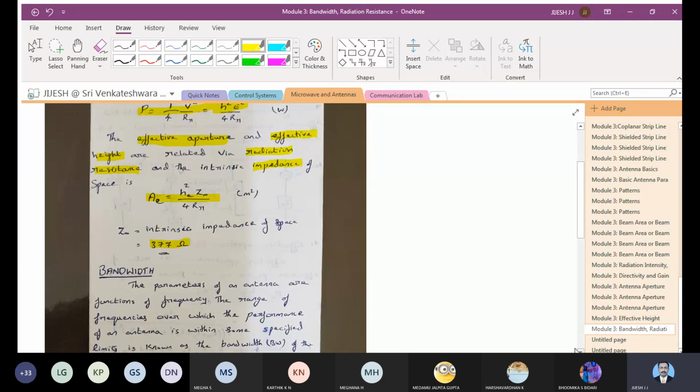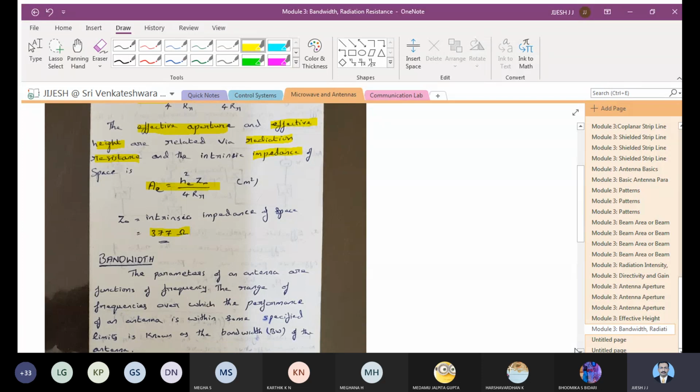Bandwidth is a very common parameter, which all of you know. The parameters of an antenna are functions of frequency, and bandwidth is the range of frequency over which the performance of the antenna is within specified limits. So it's very important to understand the bandwidth of an antenna.